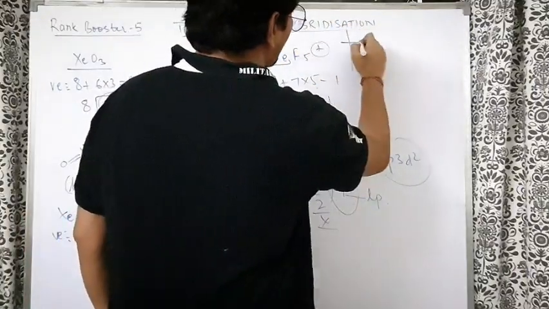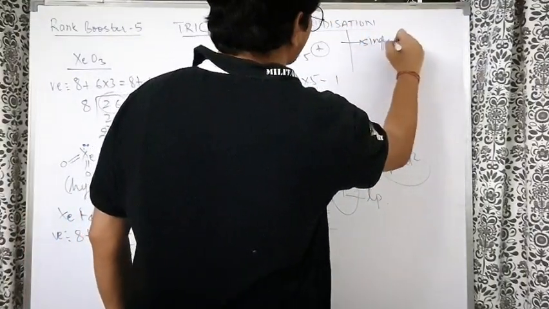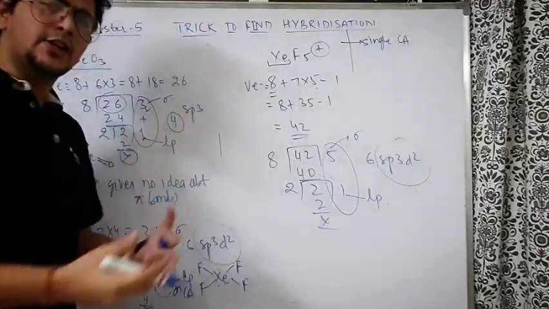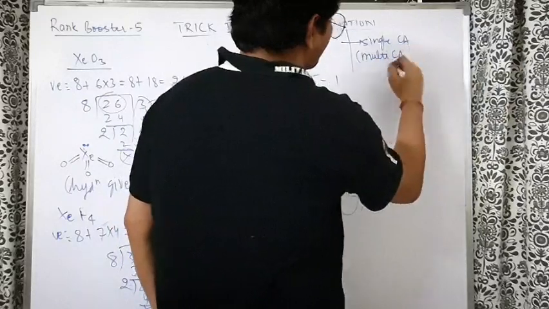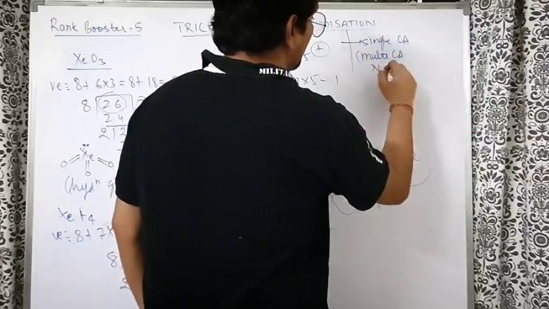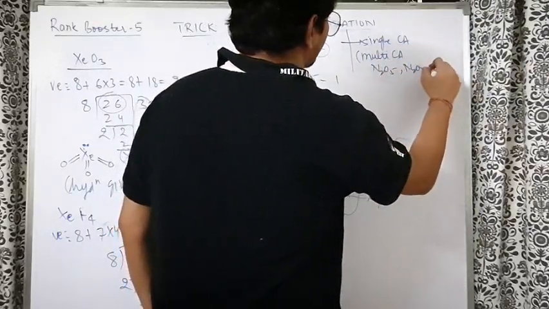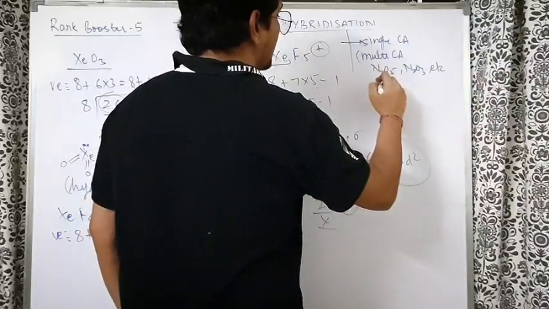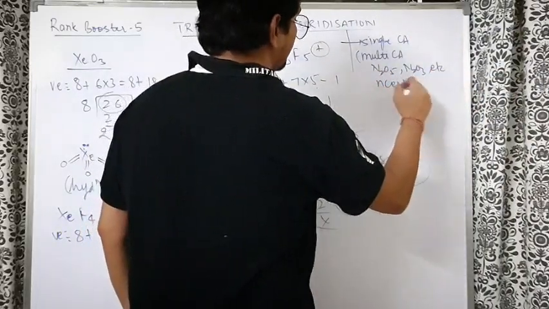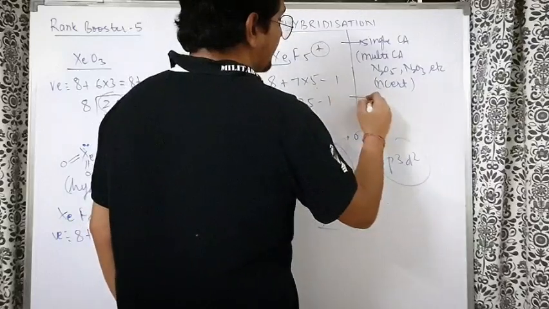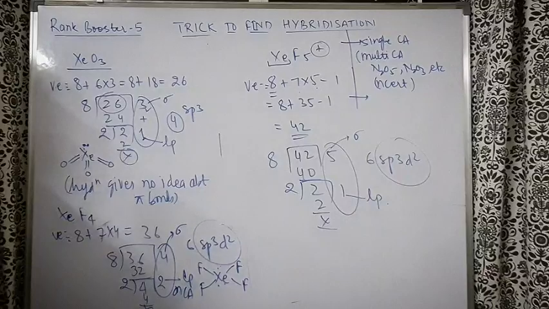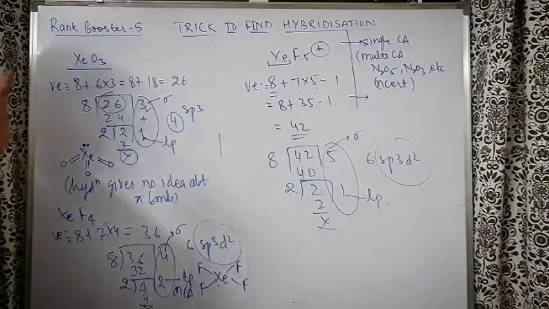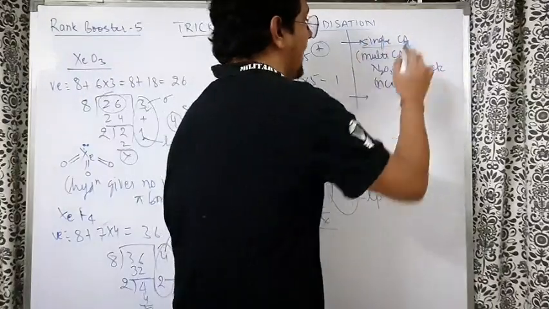But understand, this is only for single central atom. For multi-central atom, you have to know the structure. For multi-central atom, examples are N2O5, N2O3, etc. P4O10. You have to mug up the structure from the NCERT. Apart from that, this trick of finding the hybridization can be used for any other example also, but it is only for the single central atom.